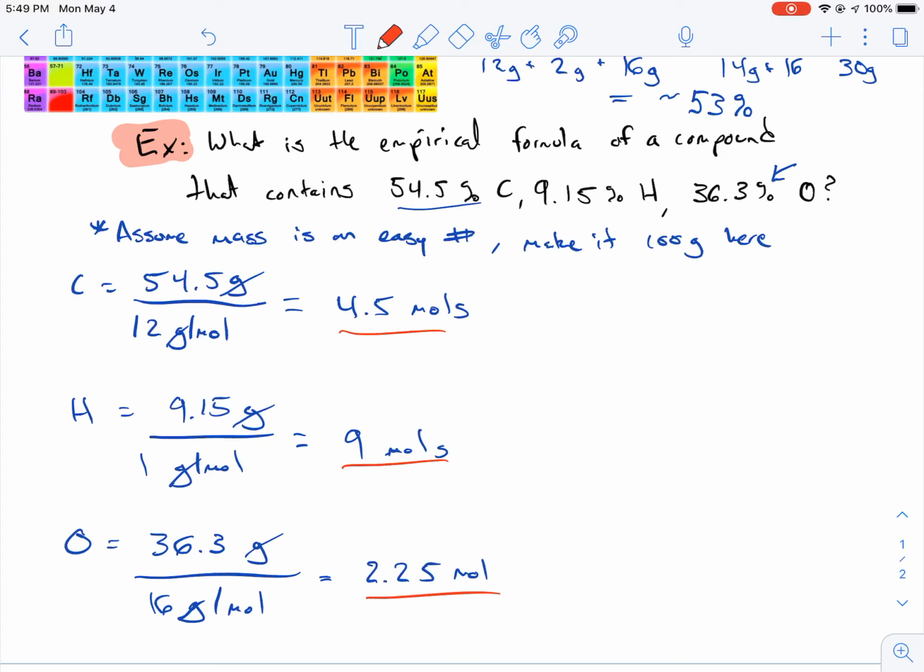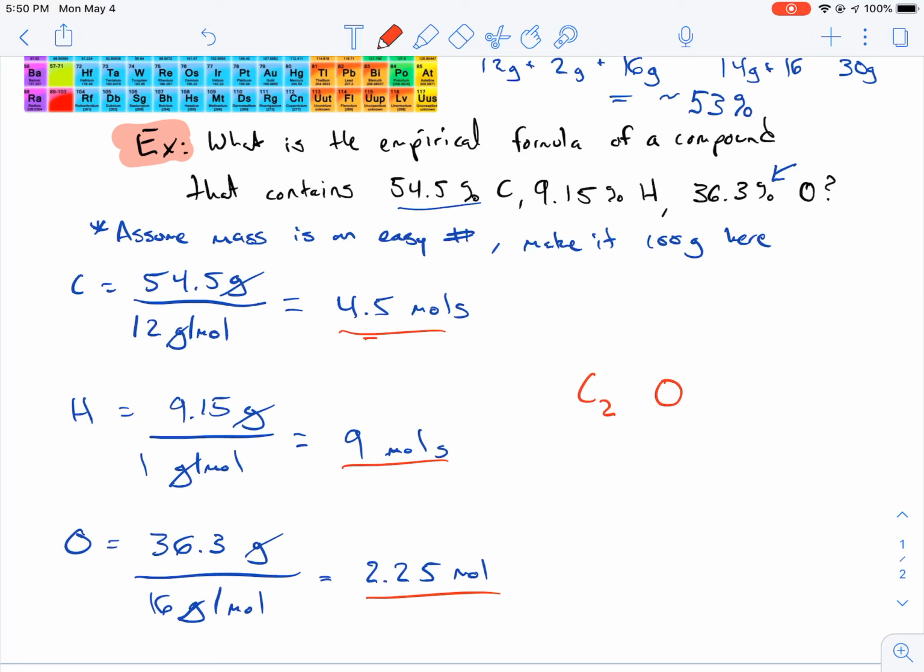So let's take a look at this. We have 2.25 moles right here. Notice that that's about half of 4.5 moles. So the ratio there, 4.5 divided by 2.25, is 2. So 2 carbons, 1 oxygen.